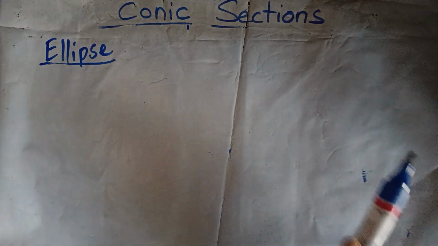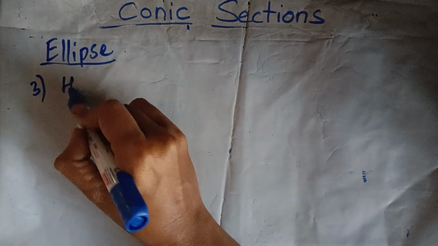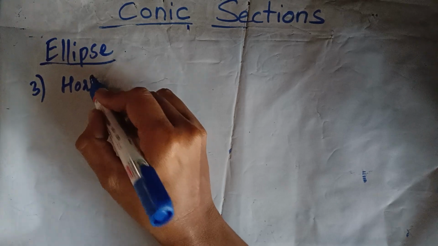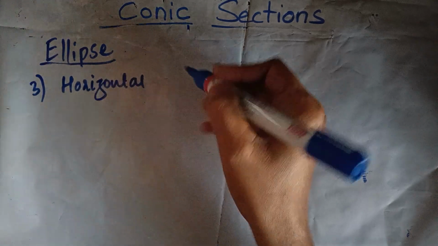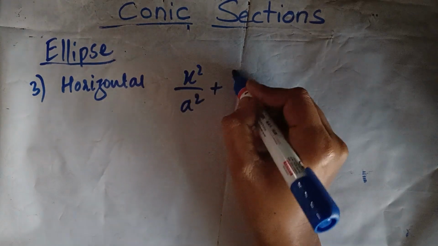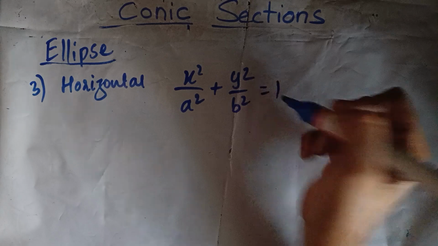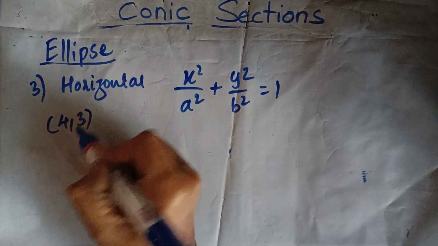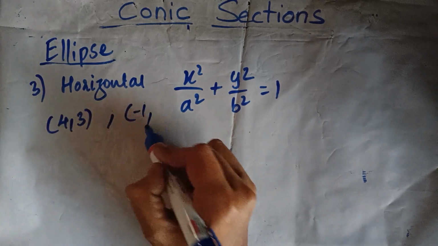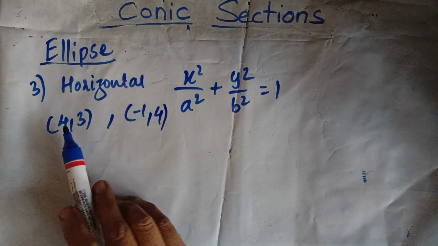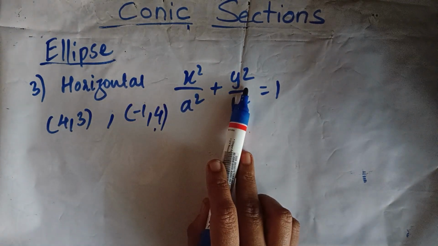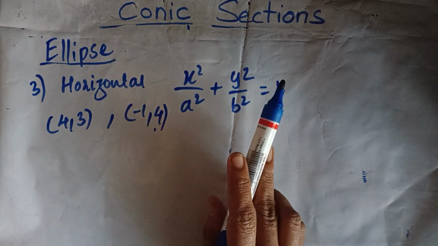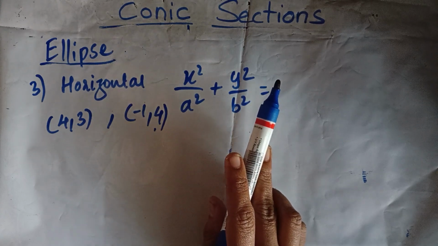Next question. Find the equation of the ellipse with the major axis along the x-axis, passing through the points 4, 3 and minus 1, 4. Major axis along the x-axis means this is horizontal. So x square upon a square plus y square upon b square equal to 1. We can put these points in this equation, so we'll get two equations and then we can solve them.